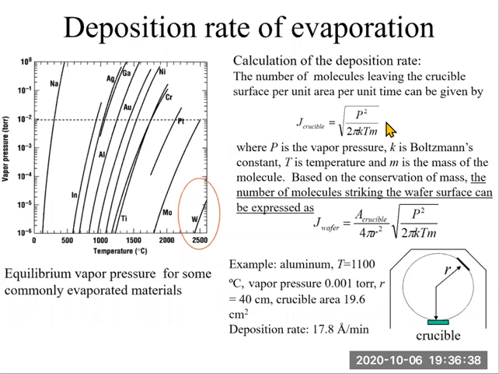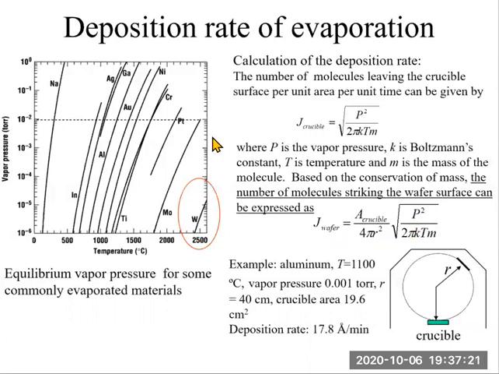Now let's discuss the deposition rate of evaporation. It can be derived that the number of molecules striking the wafer surface can be expressed as this equation: A crucible, that's the area of the crucible, divided by 4 pi r squared, where r is the radius of this circle, times the square root of P squared over 2 pi kTm, where P is the vapor pressure of the material.